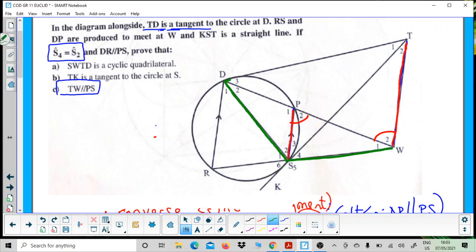Now, once you prove that something is a cyclic quad, you are free to use angles. Now we have proved that there is a circle passing through those 4 points. So you can start seeing that circle, even if it's not there. So at this point, I can go ahead and say D2 is equal to T2, and I'll say angles in same segment, as if there is a circle. Can you see what I'm saying?